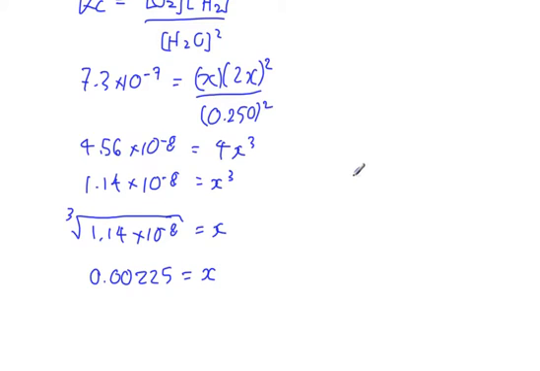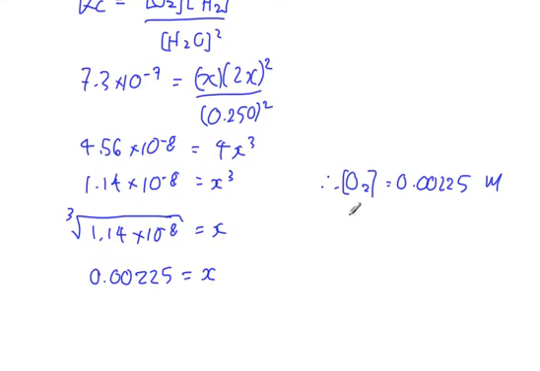And so our equilibrium concentrations become: concentration of oxygen was x, which is 0.00225 moles per liter, 3 sig figs.